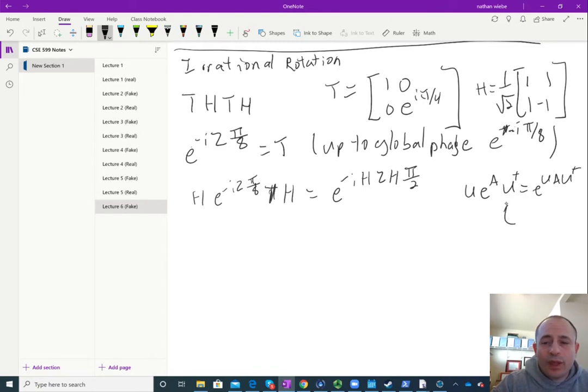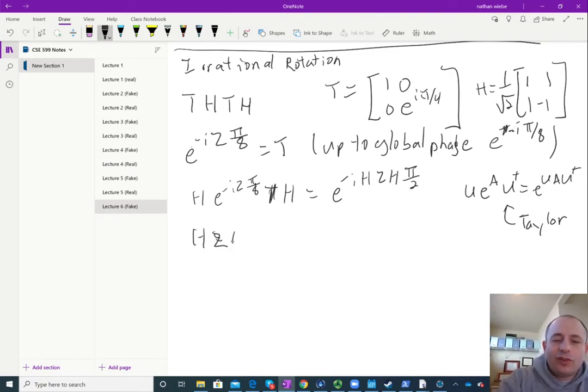And a proof, in case you've forgotten, ends up following from Taylor's theorem. So I use that property in order to do this. The next property I use is H Z H equals X. So this can be written as a sequence of two rotations: a Z rotation through an angle pi by 4, and then an X rotation through an angle pi by 4.